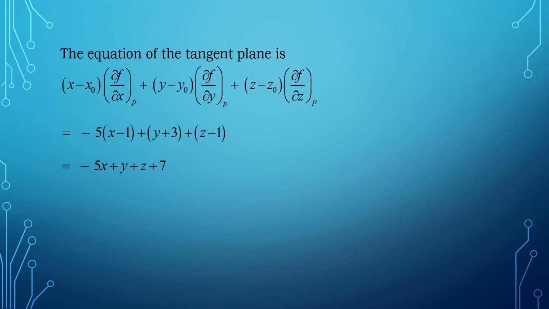If we simplify this value, we get minus 5x plus y plus z plus 7. We can also equate this to 0. That means our tangent plane equation may be minus 5x plus y plus z plus 7 equals 0. Thus we can find out a tangent plane to the given surface at the given point. We are done.